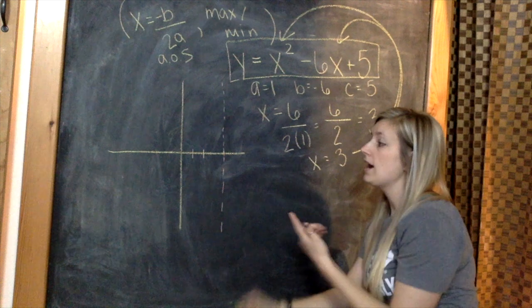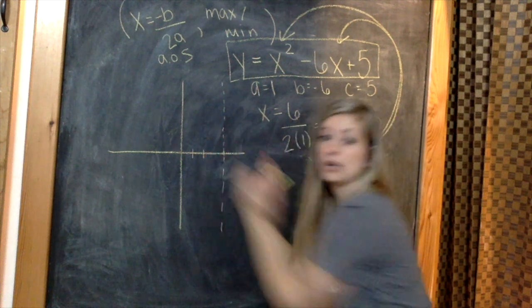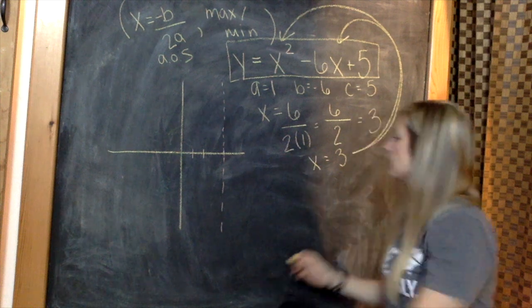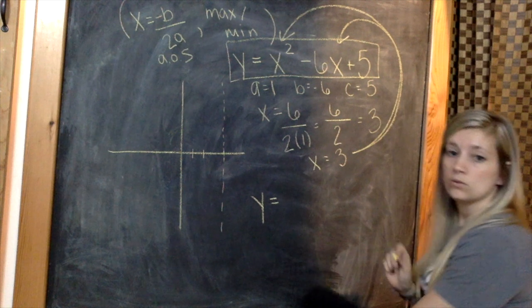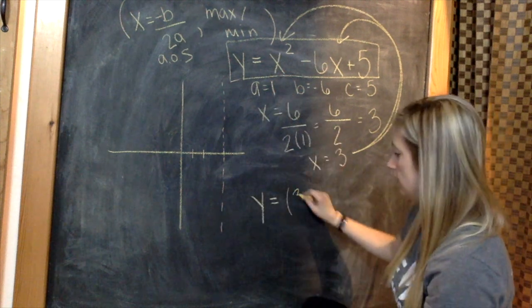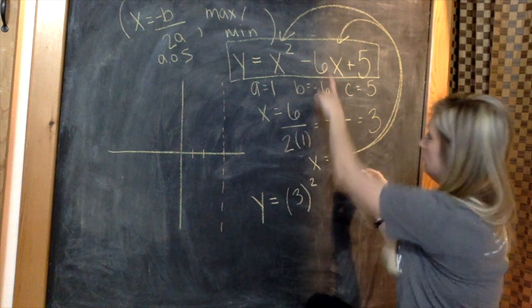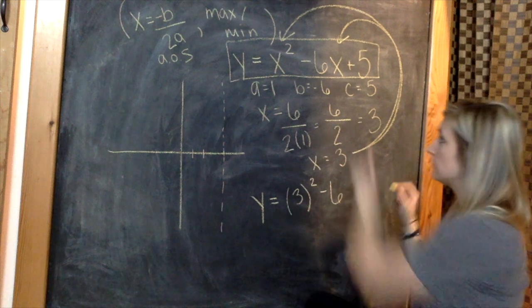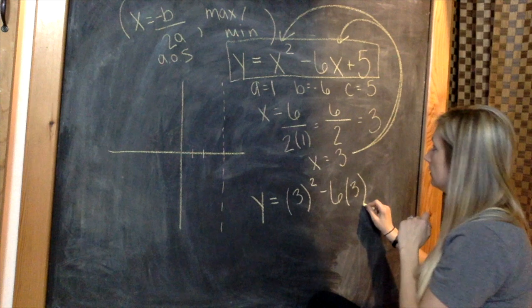If we have our y, we'll know exactly how high or how low this parabola gets locked in. So let's do that. We have y equals x squared, so 3 squared, I plugged it in, minus 6, oh, there's another x, so I have to plug in my 3 again, plus 5.